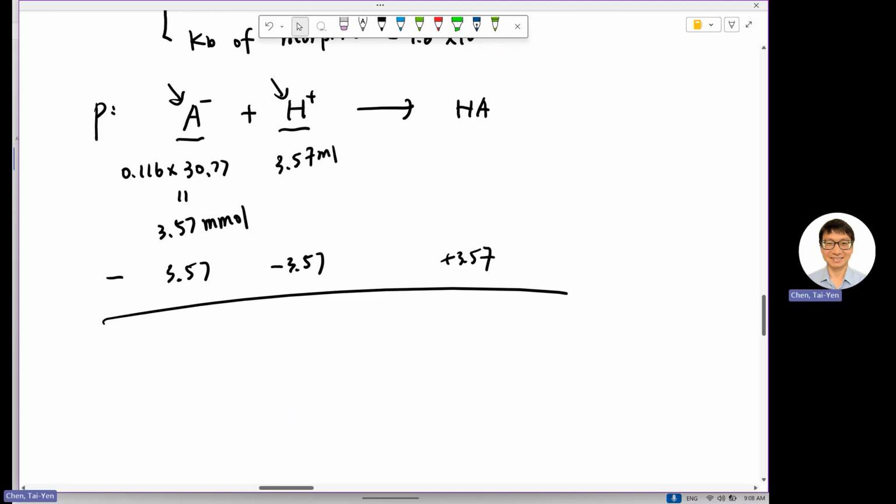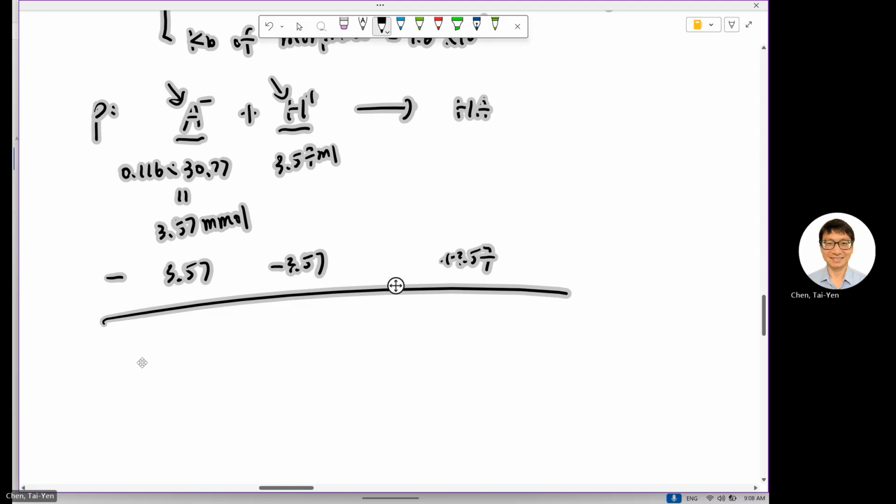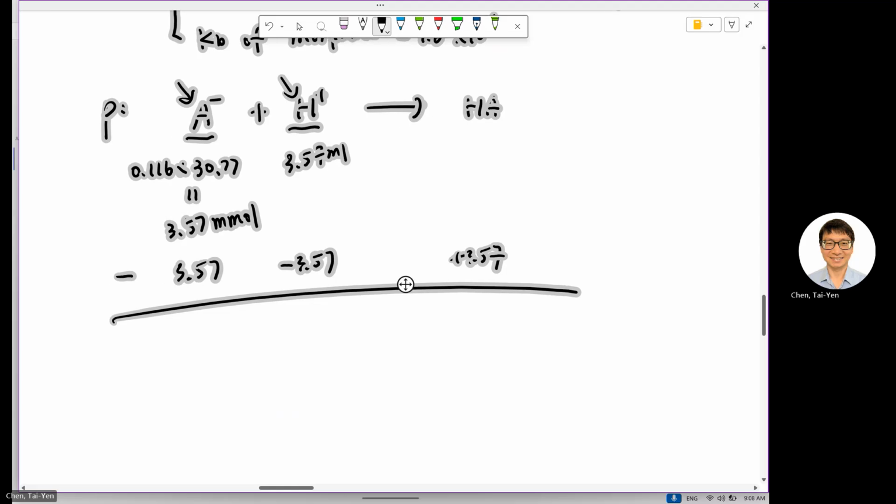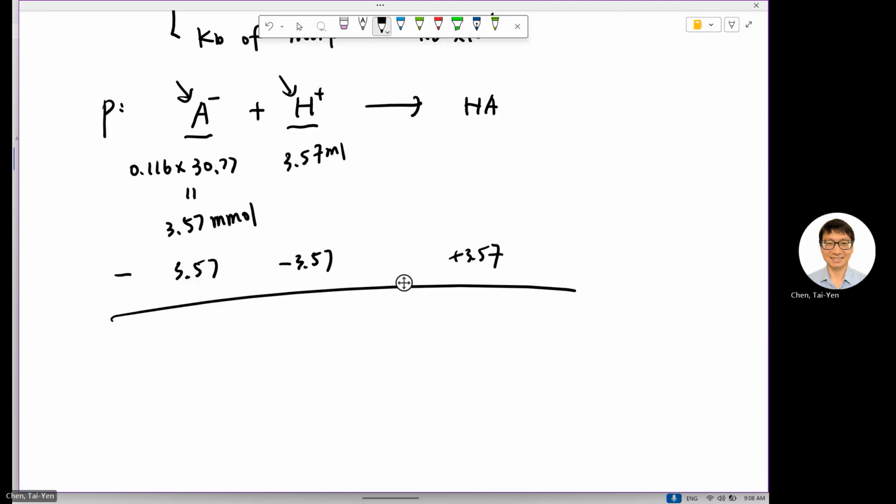So you end up with the moles of HA equal to 3.57 millimoles. Okay, but that's not what you want. What you want is the concentration, not moles.